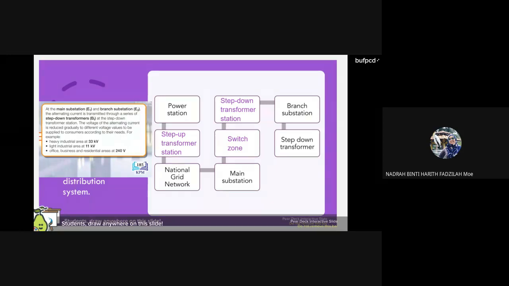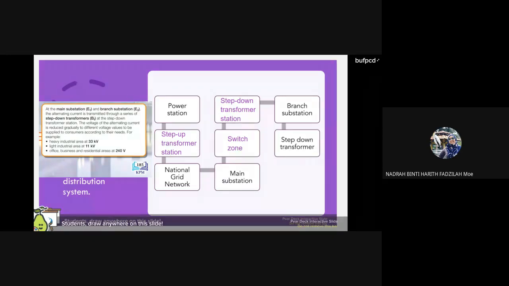I would like to address this particular slide from Friday's assignment since around 5 to 6 of you asked me about it. For this flow chart on the distribution of electrical energy in our country, it starts with the power station, then the step up transformer station, followed by the national grid network.